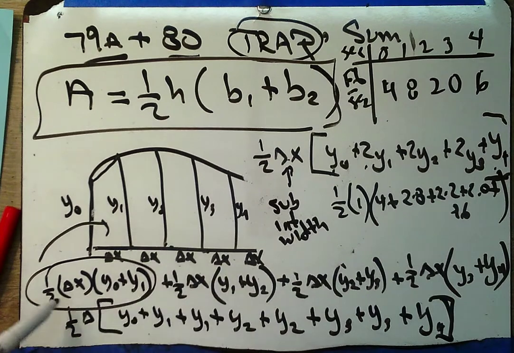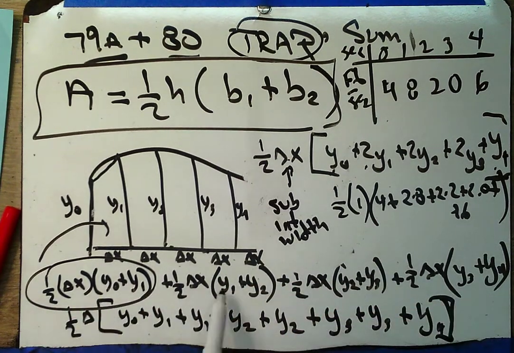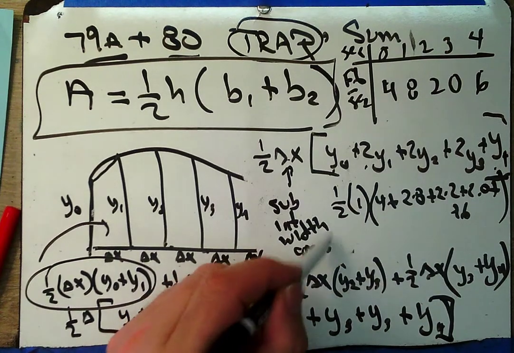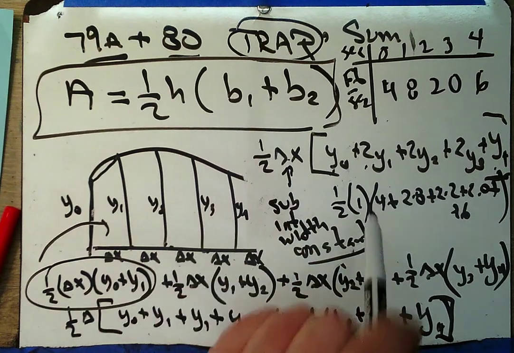So trapezoid can be this really long and involved thing, especially when I don't have a consistent subinterval width. That's the only time I really need to do this, when my subinterval width isn't the same. If we have a constant subinterval width, use this formula.